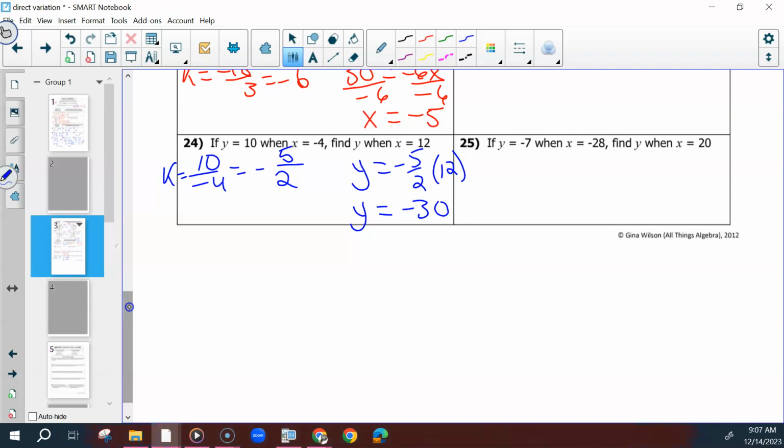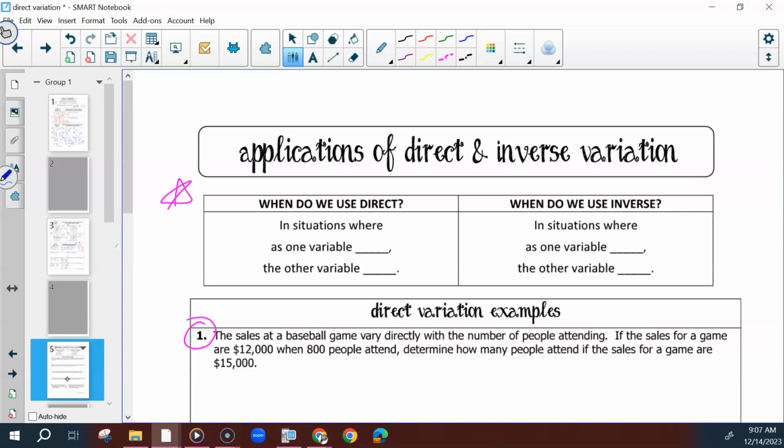Okay, on the next page. You guys only have this half. This will be when we do inverse. But when we talk about direct, think about this as like a positive trend or a positive correlation.